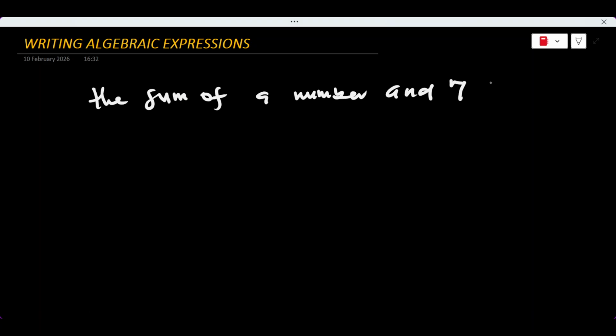Alright. So let's look at another example. Now we have the sum of a number and 7 is y. Okay, so we are starting with what? The unknown. The sum of a number and 7. And the moment you hear the word sum, it means addition or plus.